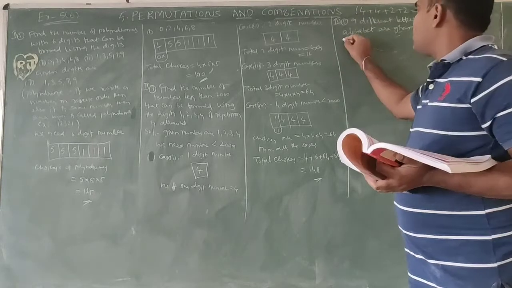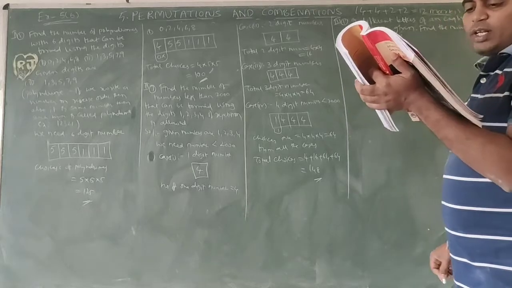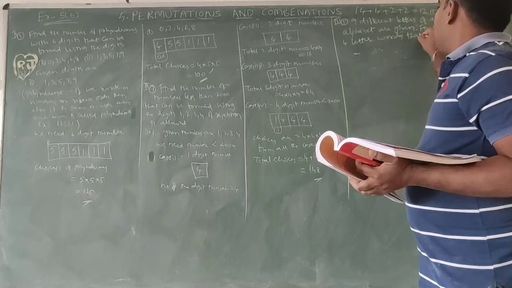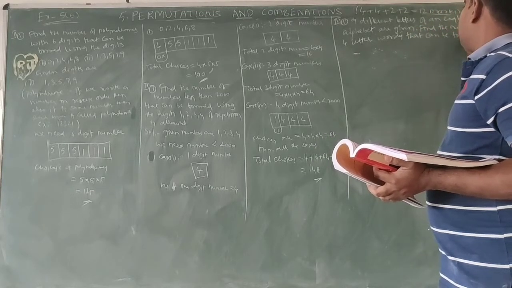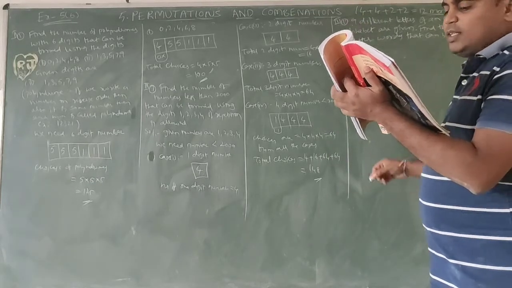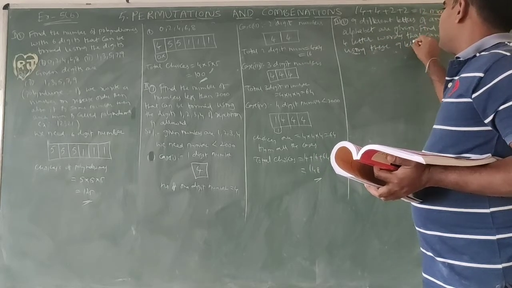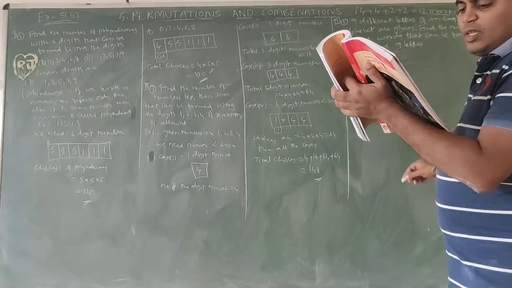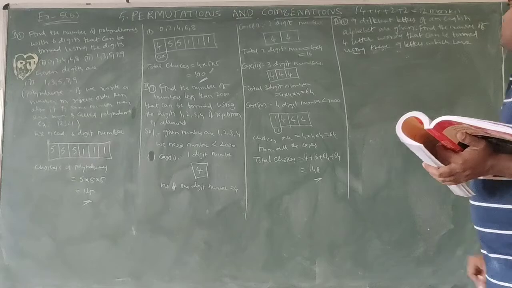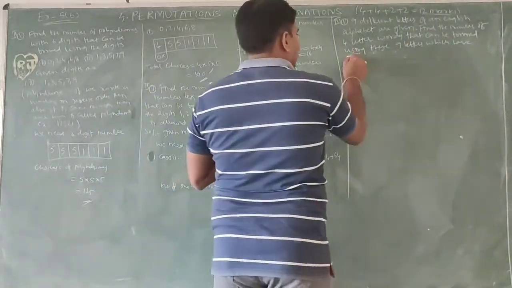Find the number of 4-letter words that can be formed using these 9 letters, which have first one, no letter is repeated.